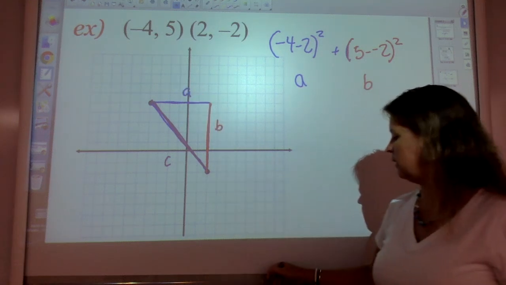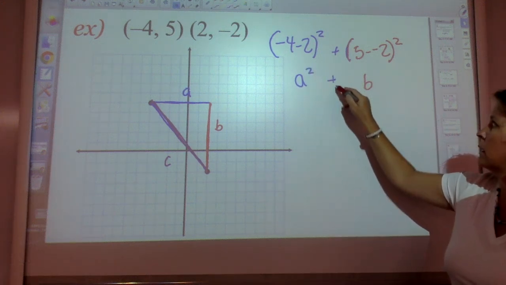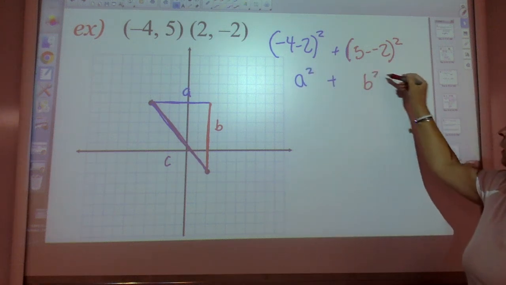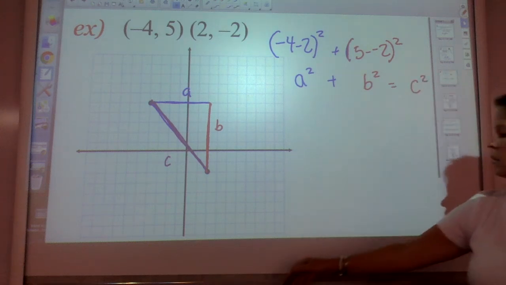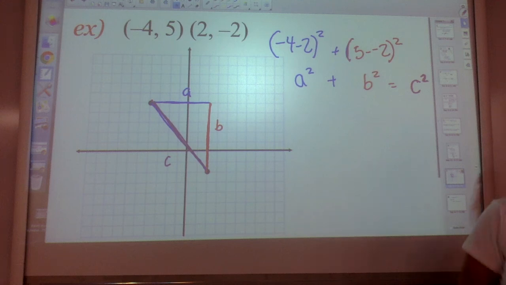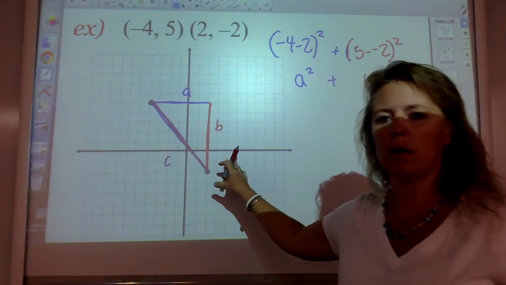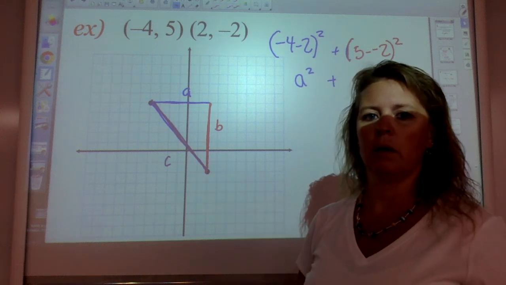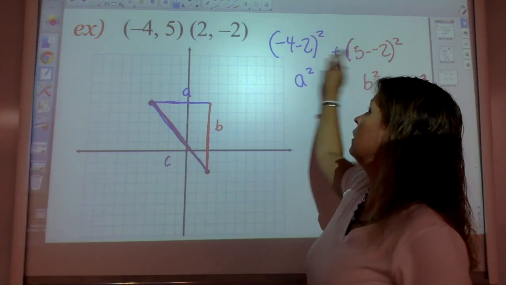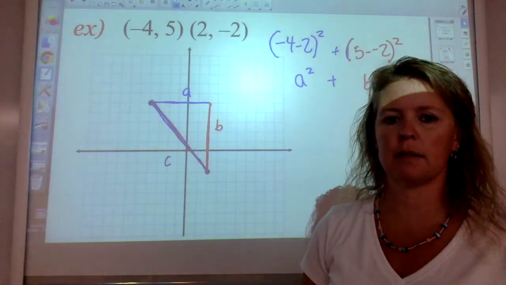Well, if you look at the distance formula and compare it to over there, you have A squared plus B squared equals, I should do that in purple, C squared. The Pythagorean theorem and the distance formula on a coordinate plane are the same. Whether you find the distance using a formula or using the Pythagorean theorem, you're going to get the same answer.